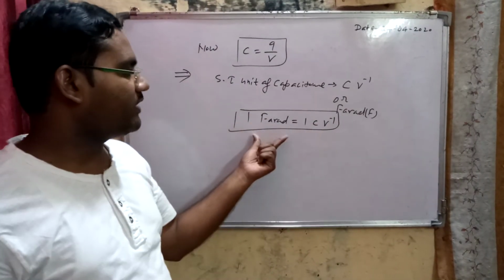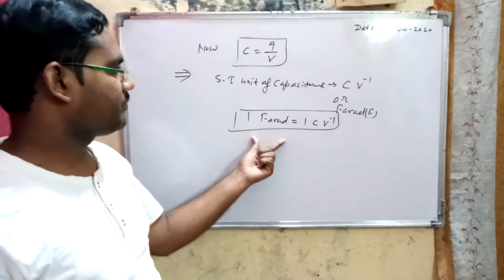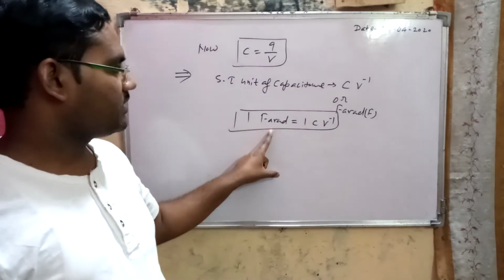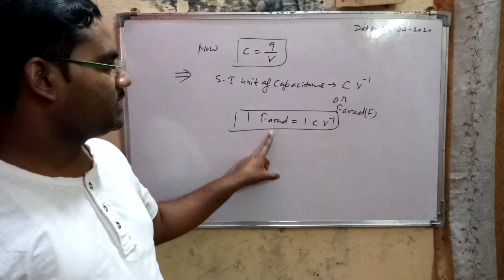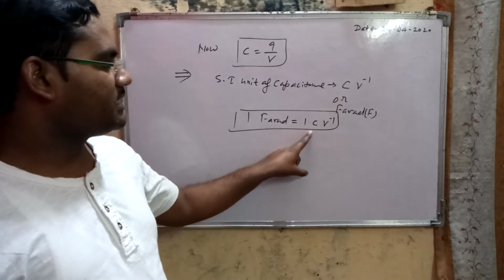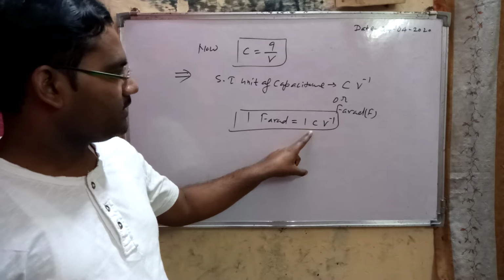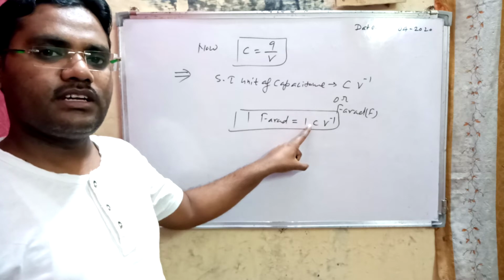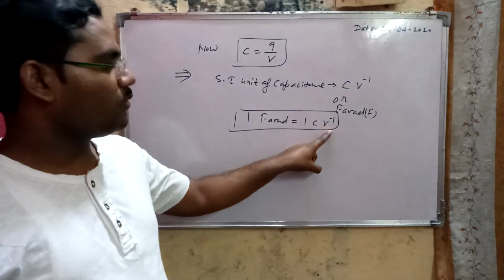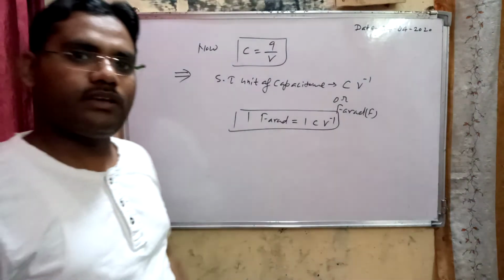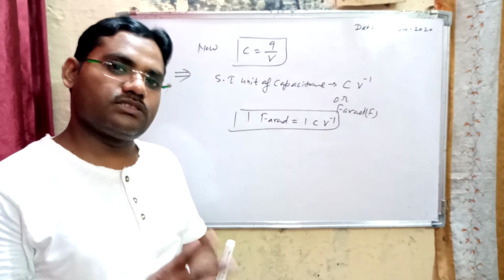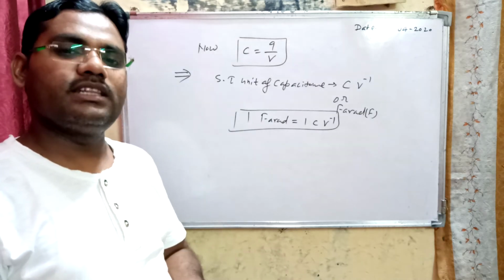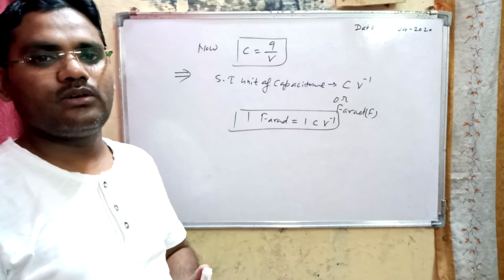Here we define 1 farad capacitance. 1 farad capacitance of any conductor is defined as: the charge given to the conductor is 1 coulomb and the corresponding rise in its potential is 1 volt. If we give a charge of 1 coulomb to a conductor and the corresponding increase in potential is 1 volt, then the capacitance of the conductor is called 1 farad.